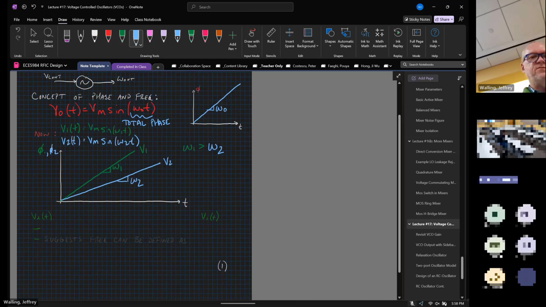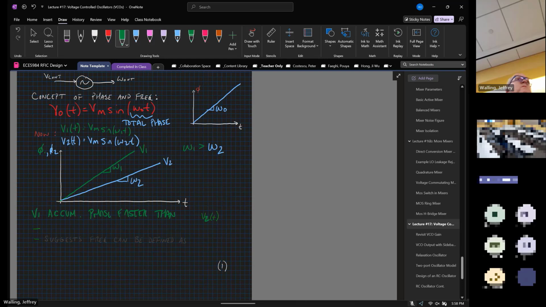Okay, so V1 accumulates phase faster. Ultimately what we're saying is that higher frequency equals faster phase accumulation.